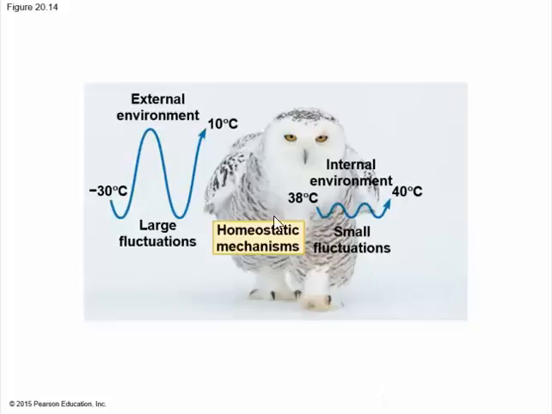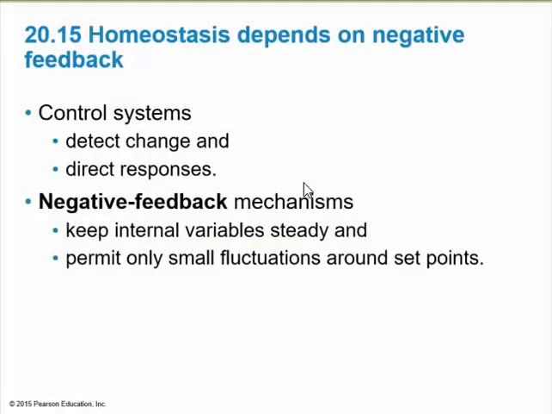So here the external temperature is just up and down. Here, very tiny fluctuations. Homeostasis depends on negative feedback. Your thermostat in your house operates by a negative feedback mechanism.